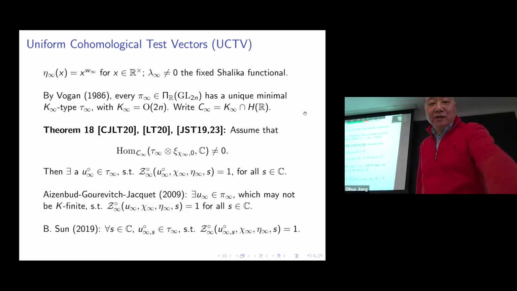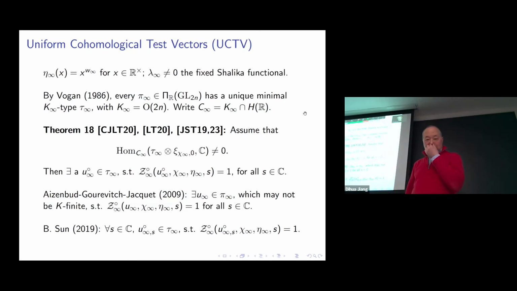It's like an Archimedean invariant theory to explicitly construct this vector such that this normalized Friedberg-Jacquet integral for this particular vector is uniformly equal to S for all S.